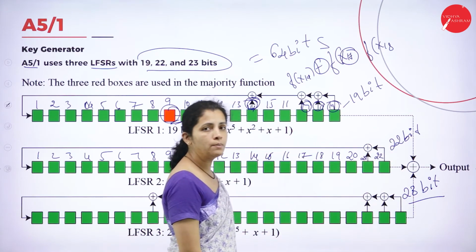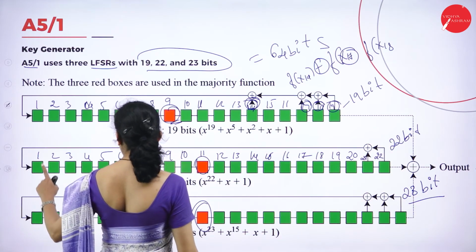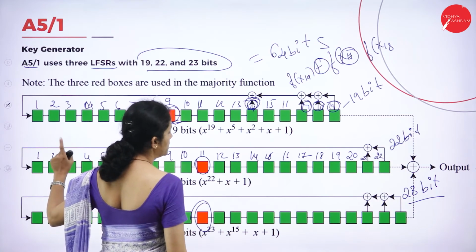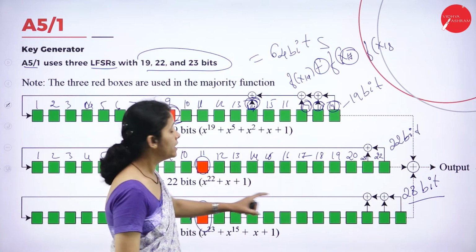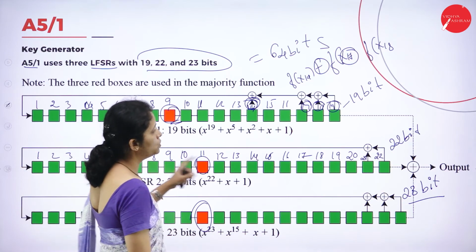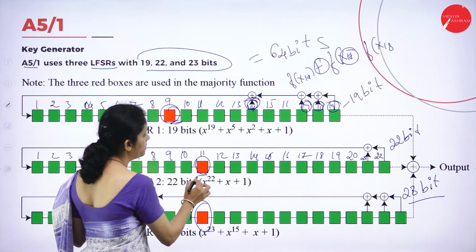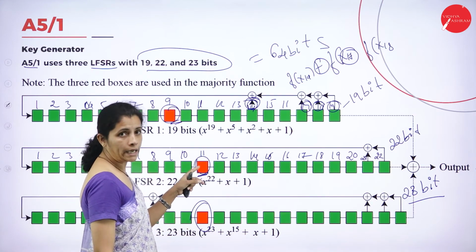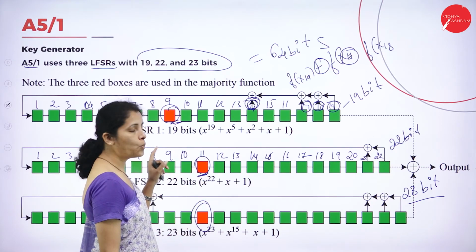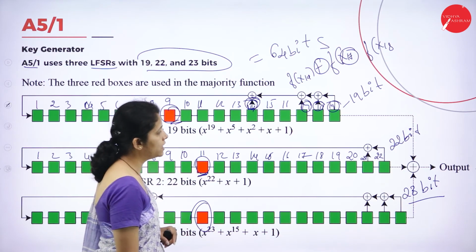So dear student, please remember the range here. If I start from 0, then it is 0 to 21. If I start with 1, it is 1 to 22. If I start with 0, then my clock bit is 10. If I start with 1, then my clock bit is 11.